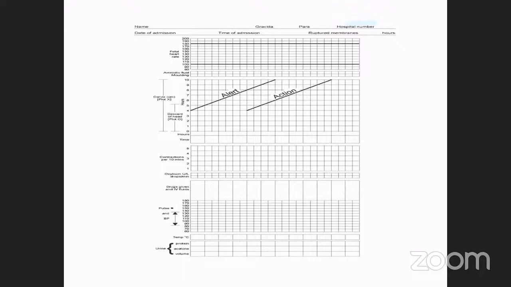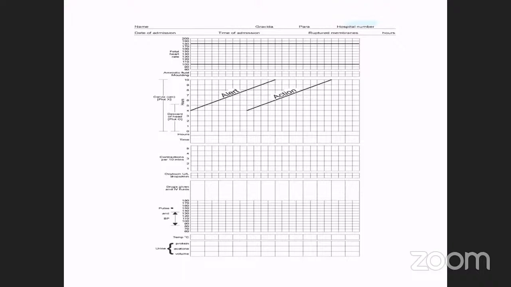Then below that, you have a column for time. Then you have your contraction chart, where you describe the contraction, the number of contractions occurring in 10 minutes, and then the duration of each contraction.